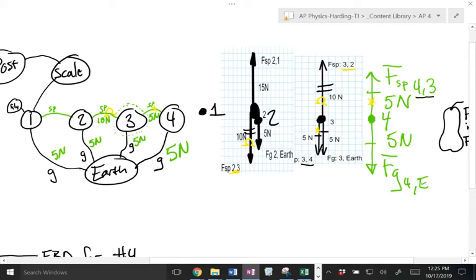Number 1, we've got 5 newtons down. That's FG 1, E. We've got 15 newtons down. That's F smoosh push 1, 2. 1, 2, 3 tick marks.